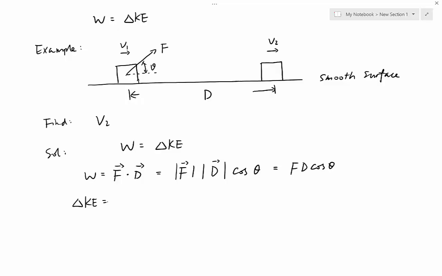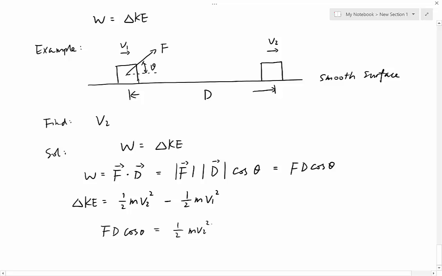What is the final kinetic energy? 1/2 times mass times final velocity v2 squared, minus the initial kinetic energy, which will be 1/2 m times v1 squared. Okay, so now we can plug them back into our original equation. Left-hand side, F d cosine theta, equals our right-hand side, which is 1/2 m v2 squared minus 1/2 m v1 squared.